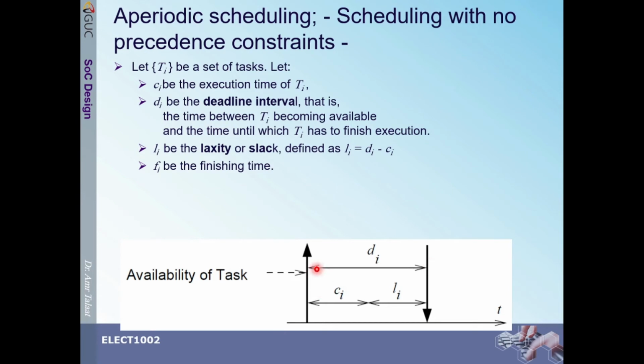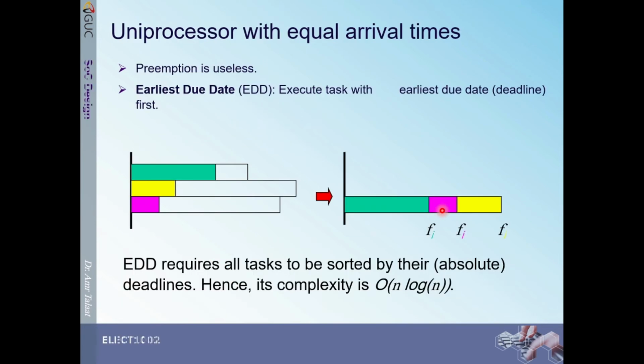So you have a deadline, you have latency or slack, and we have the execution time. We don't have a period after which this will come. You might have different instances of this, but of course after the deadline, like you have one here and one that can start here. But you don't have a laxity or a period. This is aperiodic scheduling.